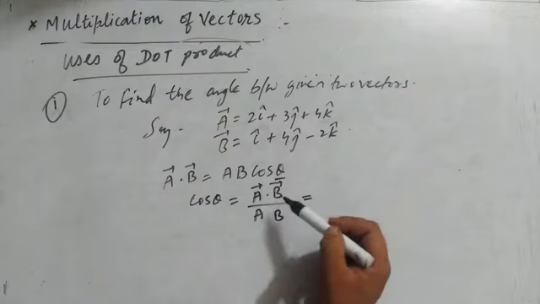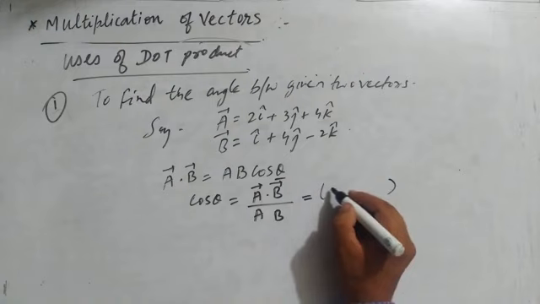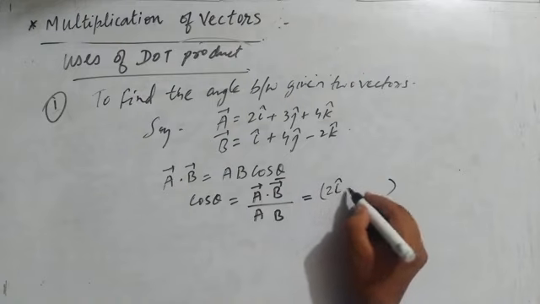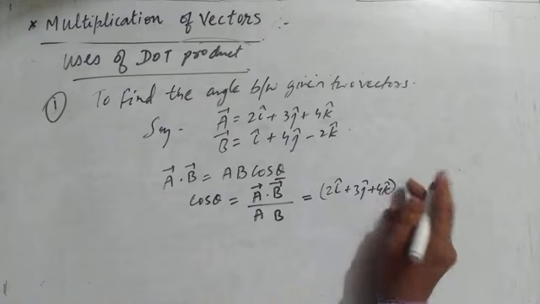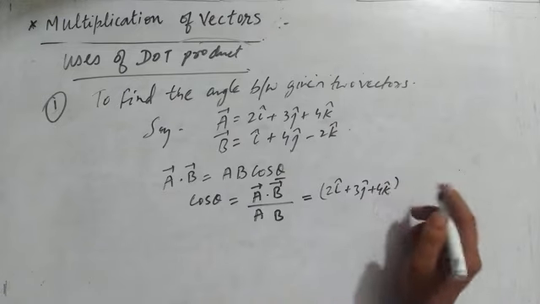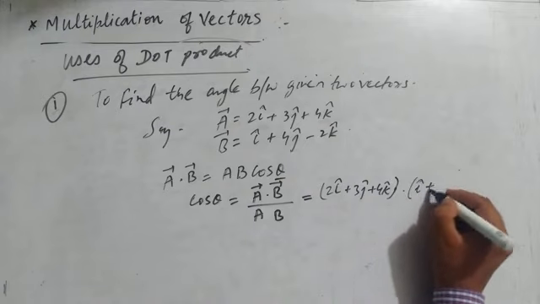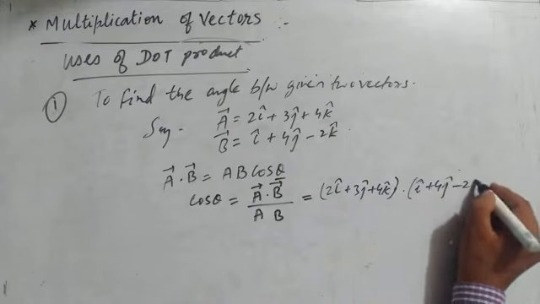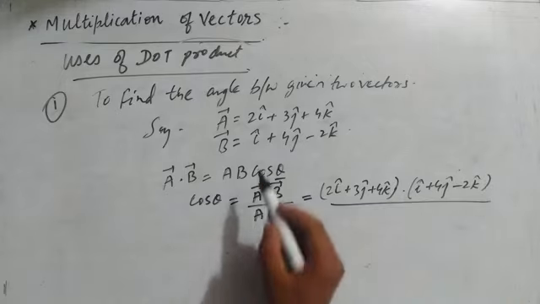When we find out the dot product, we put the values like this: 2i cap plus 3j cap plus 4k cap into i cap plus 4j cap minus 2k cap upon the magnitude of A.